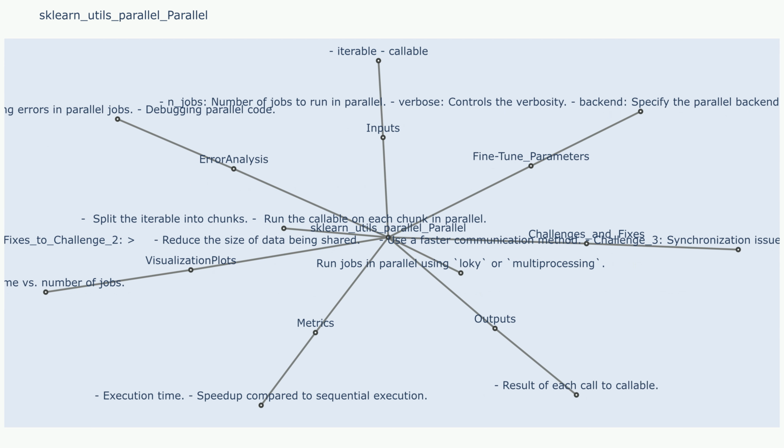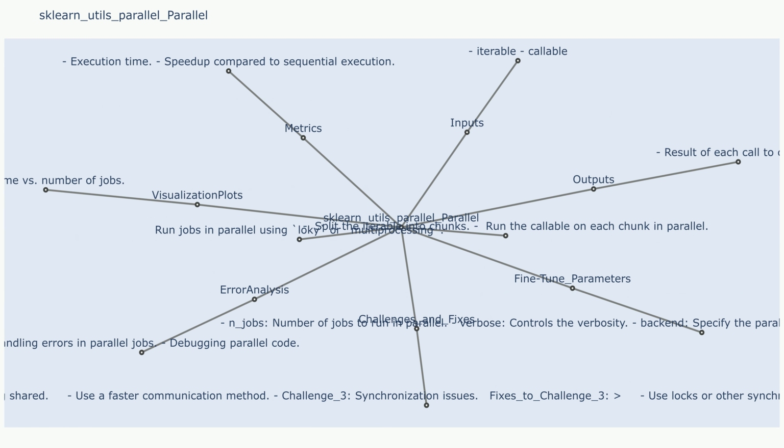Challenge 2: communication overhead. The communication between worker processes or threads can introduce overhead, particularly for tasks with small amounts of computation per data point. Sample use case that resulted in challenge 2: parallelizing a simple function that performs minor data transformations.